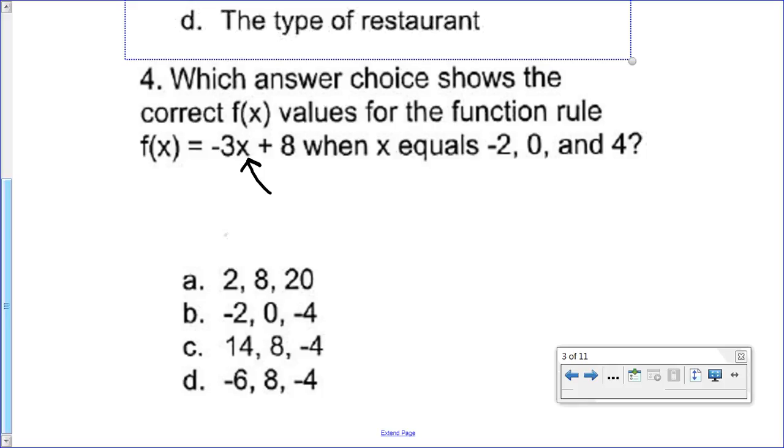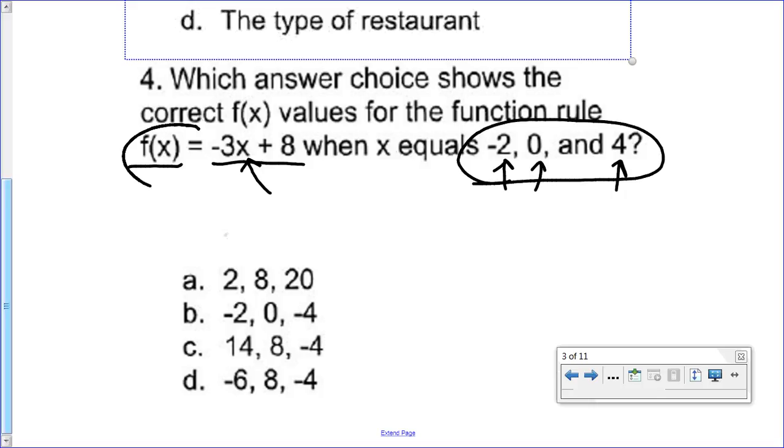So it's basically your output. So what they are asking is, if we plug this in for x, what does this side of the equation equal, which is going to give us f of x. So they just want us to plug each of these in and see what it spits out. They want us to use these things as inputs and see what output we get.